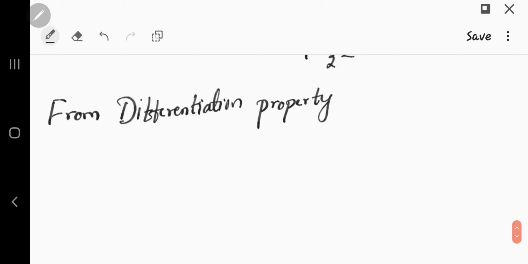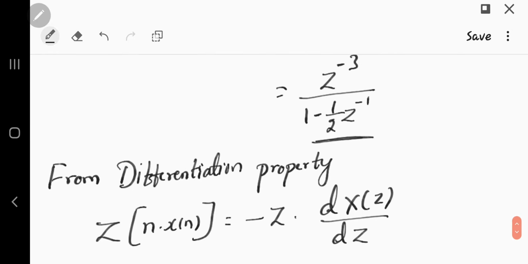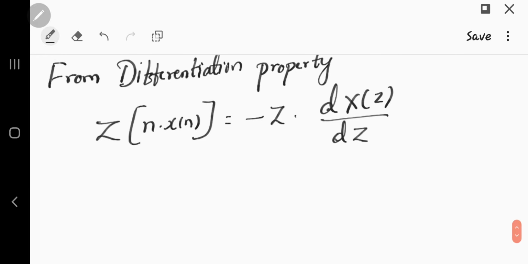So from the differentiation property, the z transform of n into x of n is equal to minus z into differentiation of x of z with respect to z. Now this x of z is this value only, because this is a part of the input as well. Now we have n into x of n.